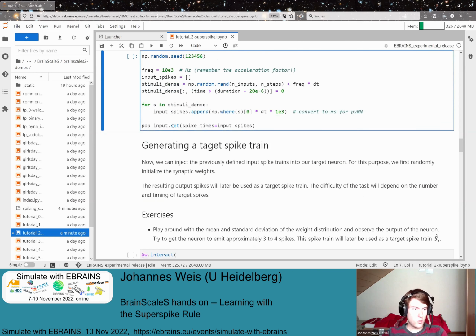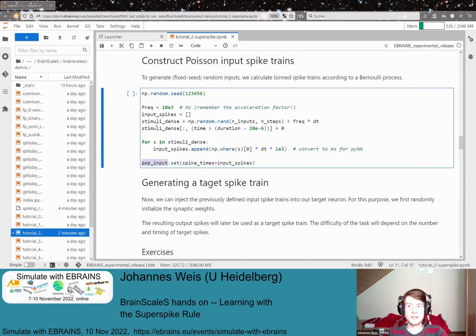Now we turn that into a list of output spikes. Only for non-zero elements in this Boolean spike train, we convert the times to milliseconds and append them to a list of input spikes that we give to Pine, saying, let this be the inputs for our population.